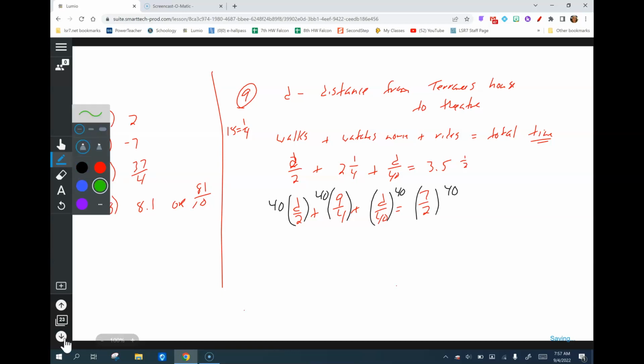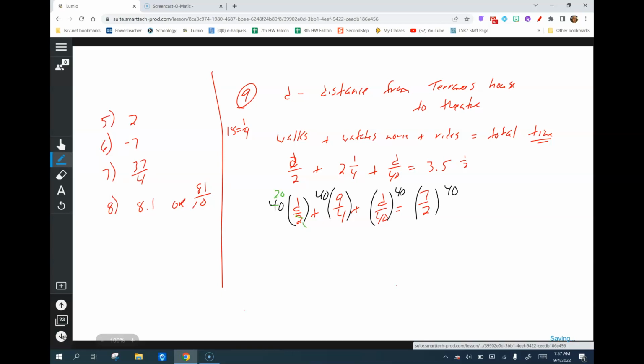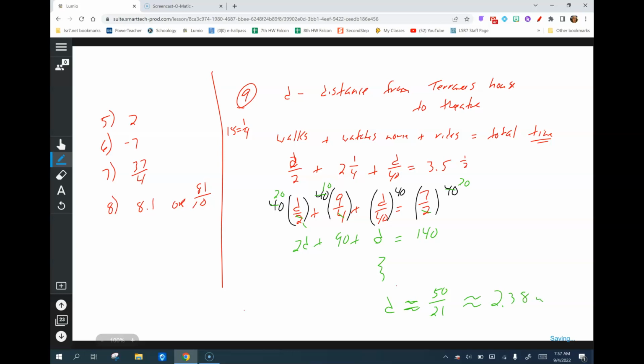You would then have the 2's cancel, and I would get 20D plus 90 plus D is equal to 140. Solve that equation. After you solve the equation, you're going to get D is equal to 50 over 21, which is approximately equal to 2.38 miles.